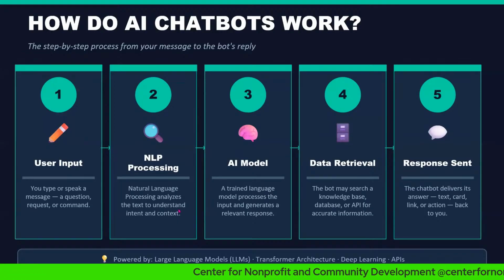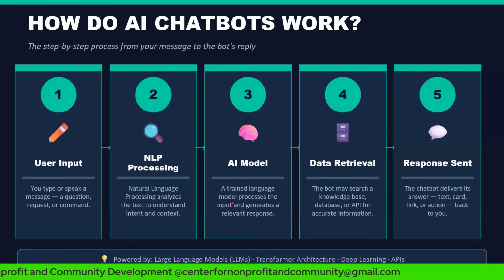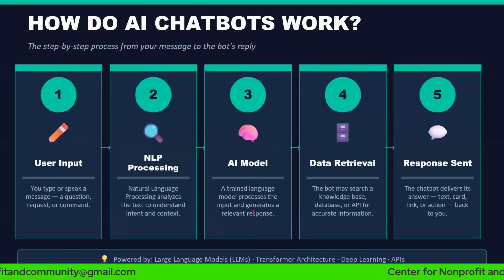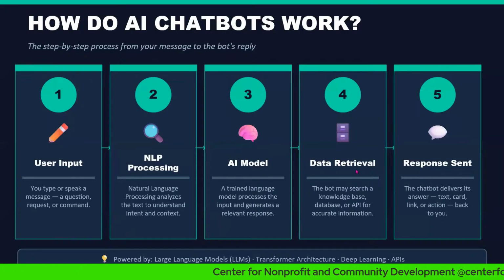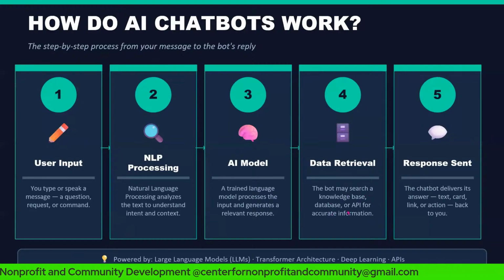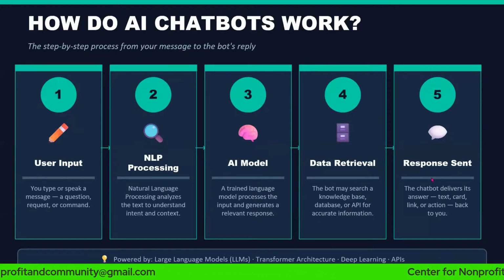And then three, AI model. A trained language model processes the input that you gave and generates a relevant response. Four, data retrieval. The bot may search a knowledge base, database, or API for accurate information.